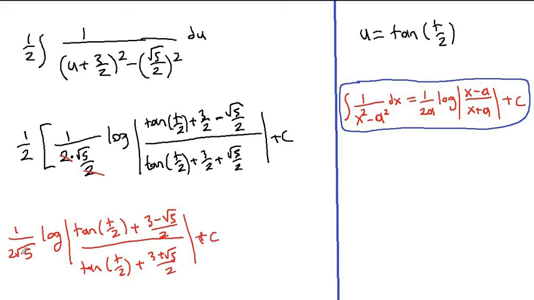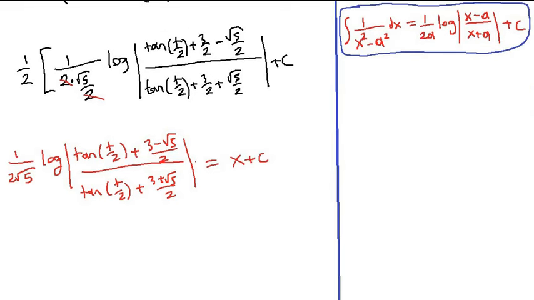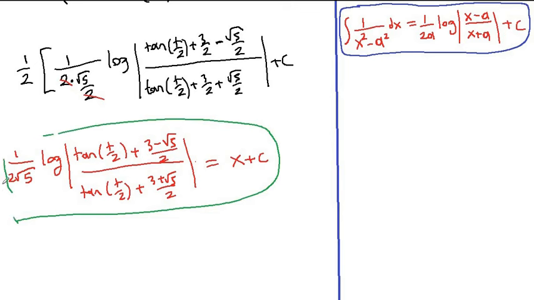And if you don't like the radical in the denominator here, you can rationalize by multiplying by radical 5. So this was our left hand side, so we don't keep the c part here. Our right hand side was equal to x plus c. So you can leave your answer in this form for that differential equation.